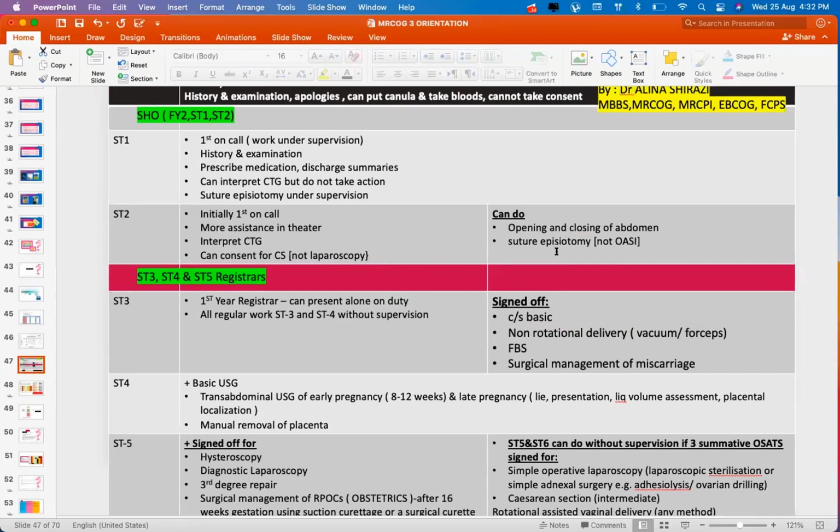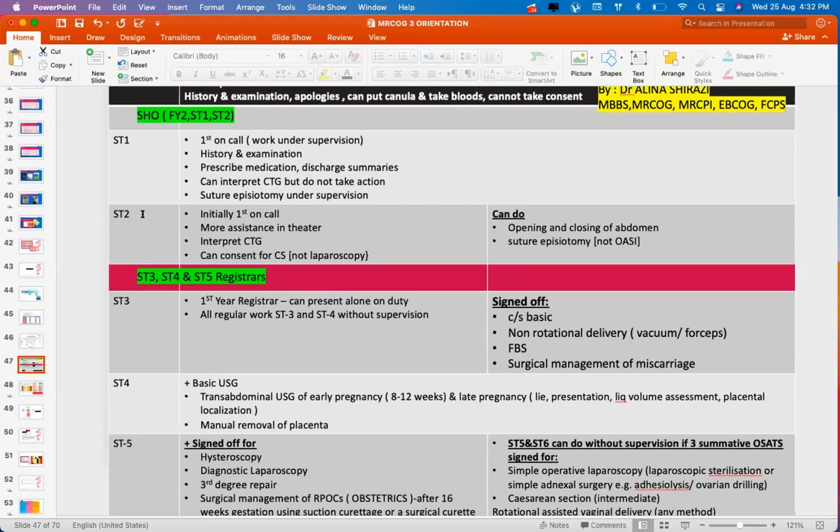Sometimes what we do here, we have GP trainees as well in NHS, and they don't know anything about cesarean section. So first we explain to them what you have to explain to the patient, and then they can take the consent. You have to guide them. Under your guidance, they can. There is no hard and fast rule they cannot take it.